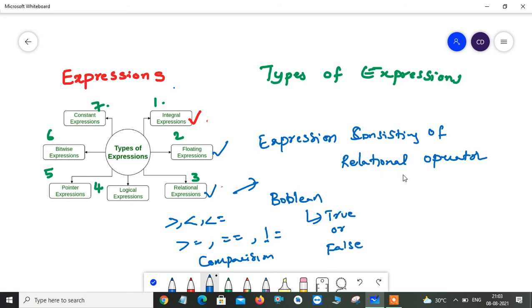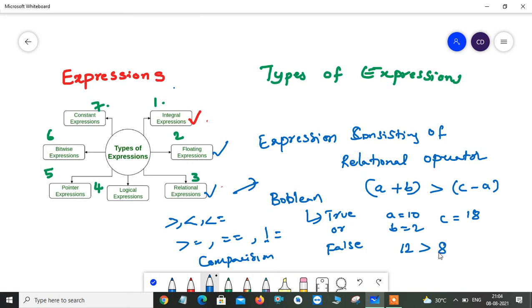Now you can write an expression like a plus b is greater than c minus a. Suppose I am given an expression like this, with values a is 10, b is 2 and c is 18. How can you evaluate this? 10 plus 2 is 12, is greater than, and here we have 18 minus 10, which is 8.